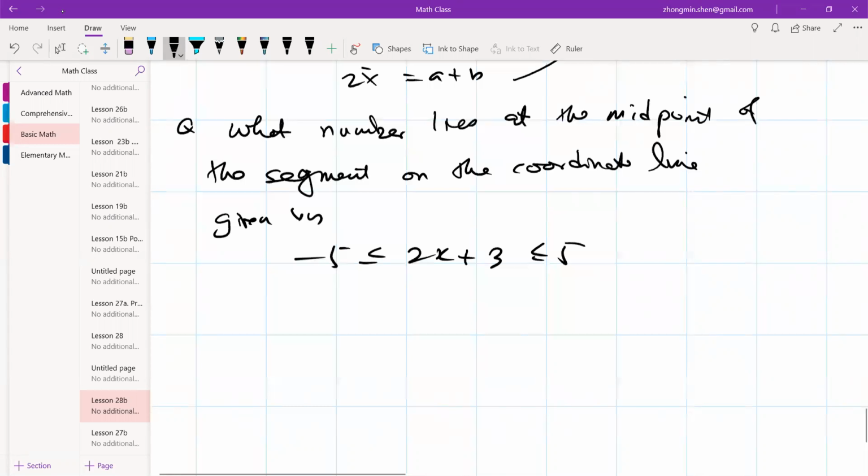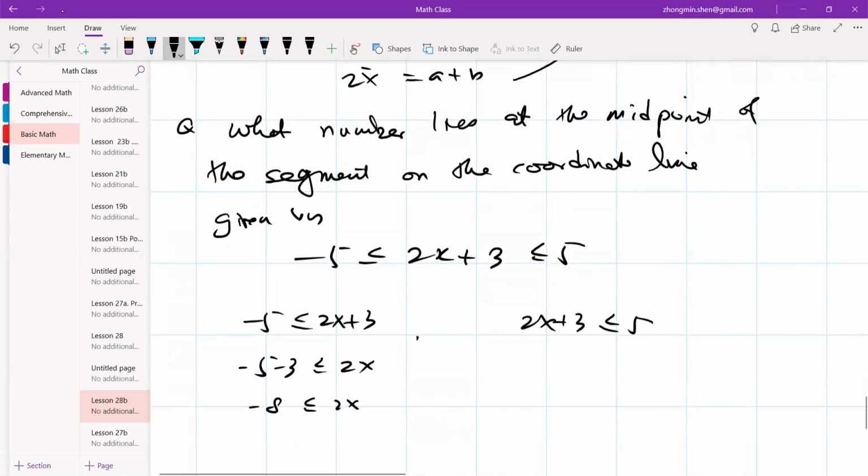So you're going to get negative 5 minus 3 less than or equal to 2x. So negative 8 less than or equal to 2x, negative 4 less than or equal to x. Okay, this will be 2x less than or equal to 5 minus 3. x is less than or equal to 1.